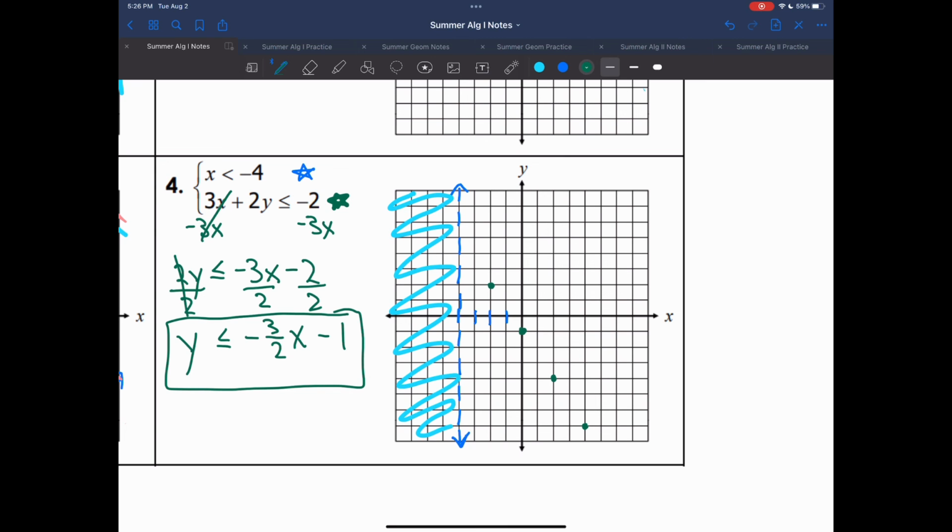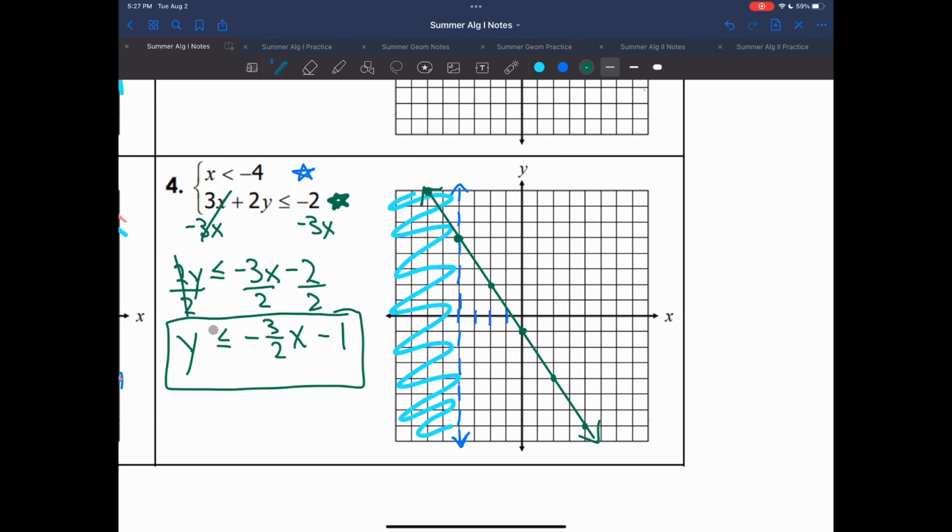And I keep doing that. 1, 2, 3, left 2 puts me here. 1, 2, 3, left 2 puts me there. This one will be a solid line. It's got the solid line under it. So let's draw that. There we go. And then our shading.